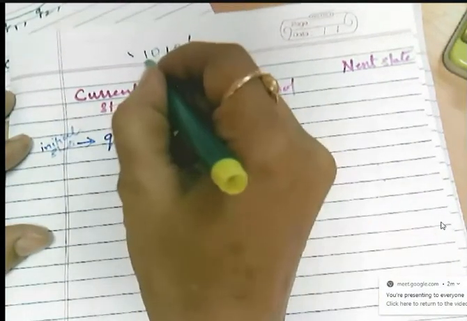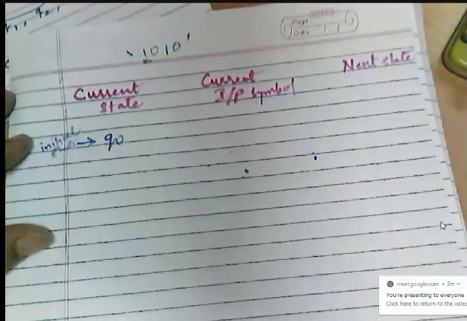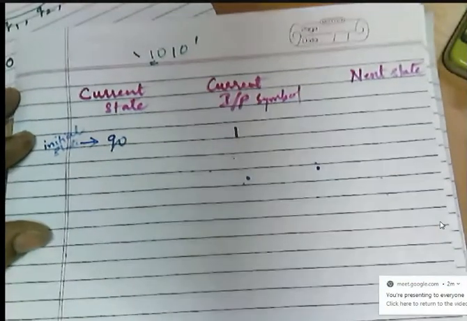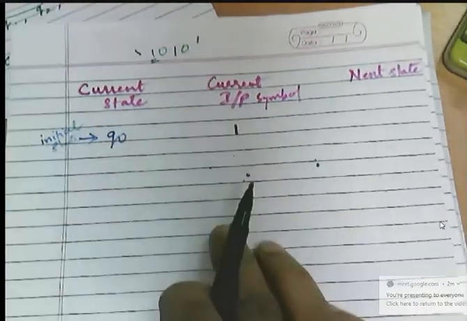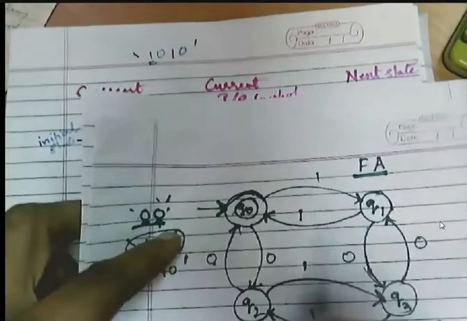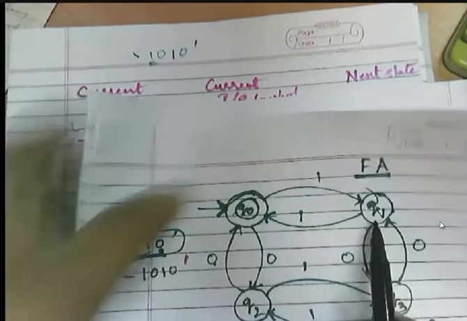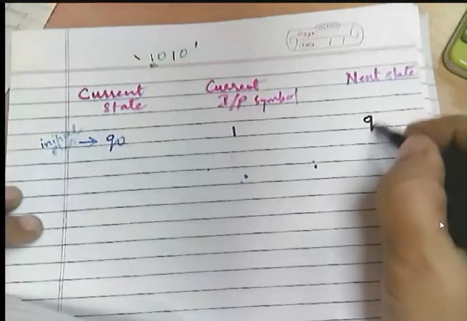Very first the current input symbol is 1. So here 1 will be the current input symbol, and for my next state I will look into this machine and check: from Q0, if we give input as 1, it is moving to state Q1. So my next state will be Q1.